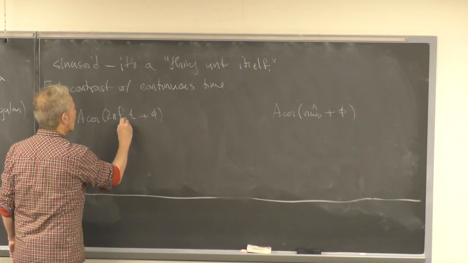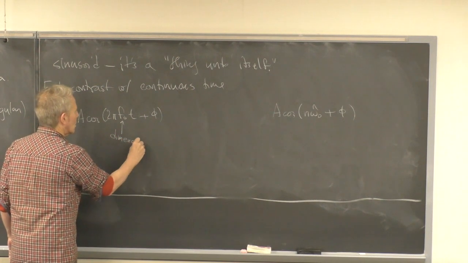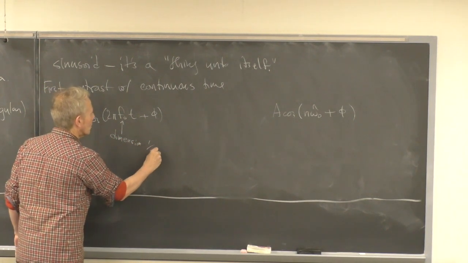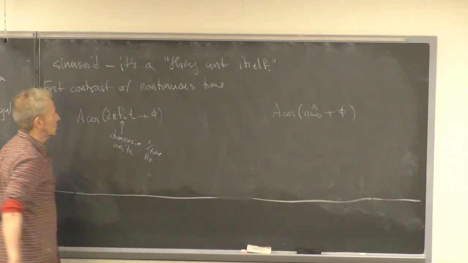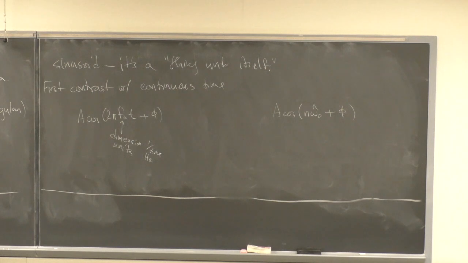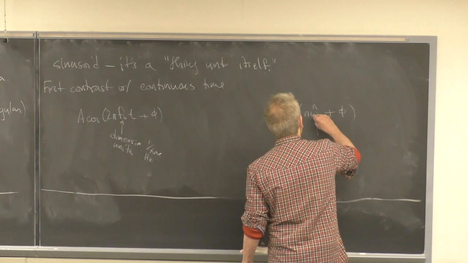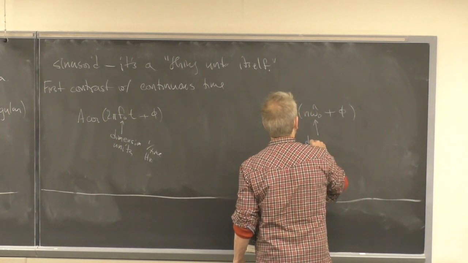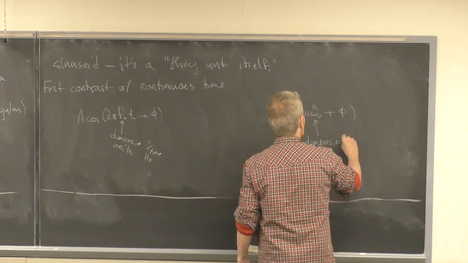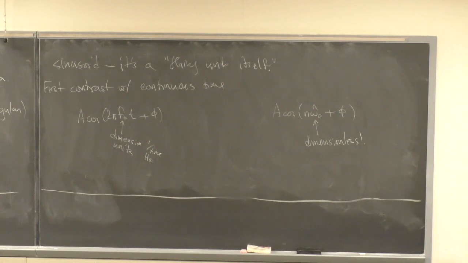F0 here has dimensions 1 over time, and it has units hertz. Over here, everything inside is dimensionless. So omega 0 hat does not have units of anything.